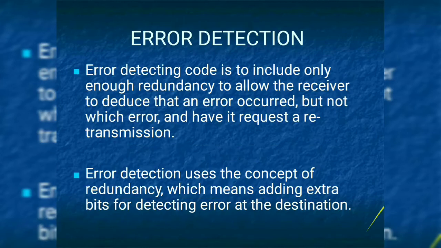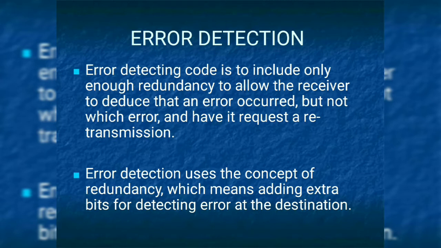Next, error detection. Error detection includes the concept of redundancy. While transmitting the data units to the receiver side, you add extra redundant bits and append them to the data units.